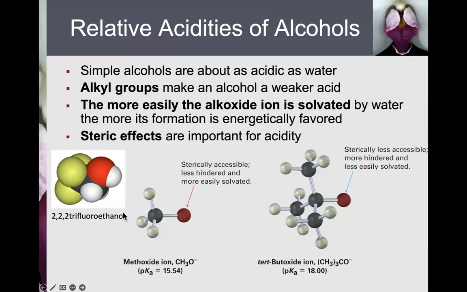Methoxide ion, maliit yung pKa niya compared sa tert butoxide ion. Kasi sterically accessible siya, less hindered compared sa tert butoxide mo, more hindered siya. So meaning less accessible if mag-react yung water.